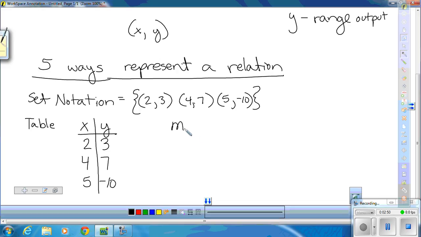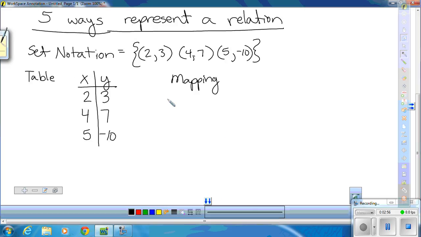Another way you may or may not have seen up to this point is called a mapping. A mapping is basically when you physically show which of your domain and which of your range go together, and then you draw lines to show which x goes with which y. So if our domain was the x values, that would be the 2, the 4, and the 5.